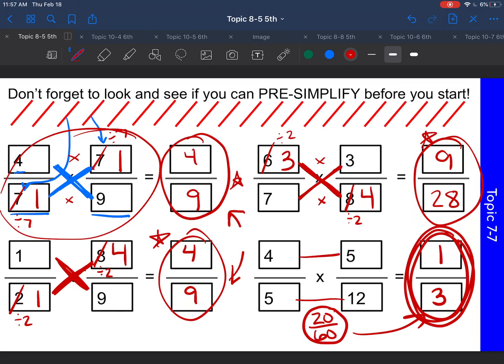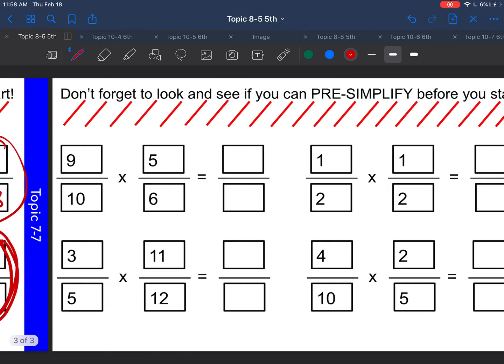All right, so if you're like, I understand pre-simplification, I get it, I want to keep using it, awesome. If you're like, you know what, I'm just going to stick with multiplying across and trying to simplify at the end, that's fine as well. But I'm showing you this method because it does make life a lot easier. When you finish a problem, you don't have to simplify at the end.